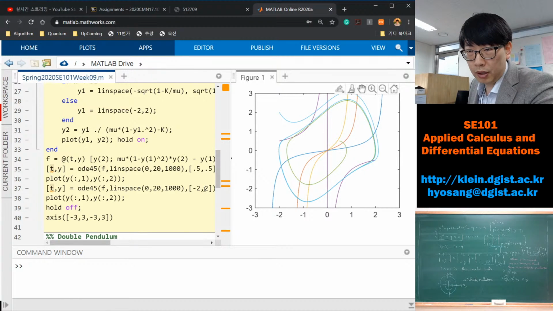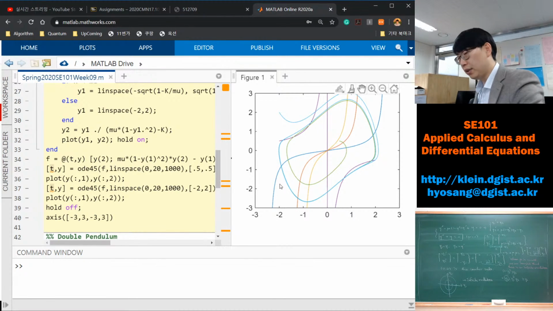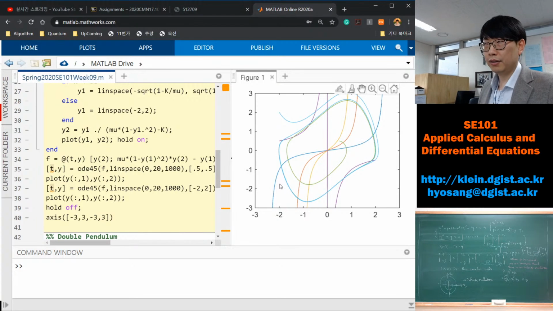And if we start from large energy, let's say minus 2, 2, then it will emanate energy and converge to small energy. So this shape, it's not a circle, but it's a closed loop, it's kind of an oscillating state, right? It's oscillating, but it's not oscillating like a sine and cosine curve. It's some weird figure.